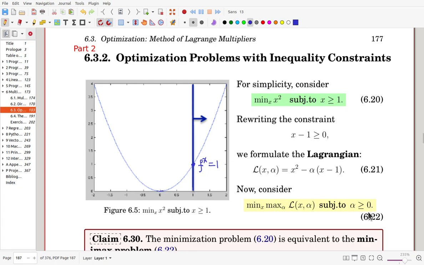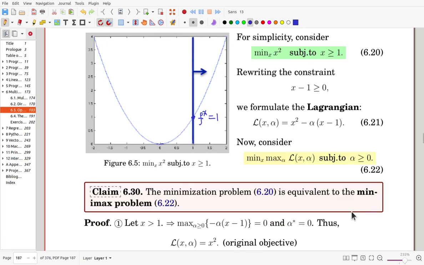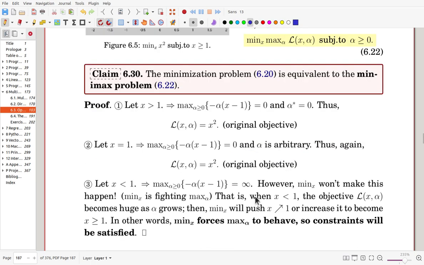Then we have here a claim: the original minimization problem is equivalent to the minimax problem. We'll see first some detailed proof, and later we'll consider a formal proof.